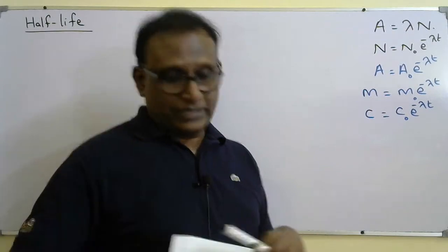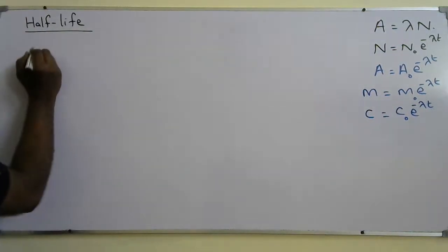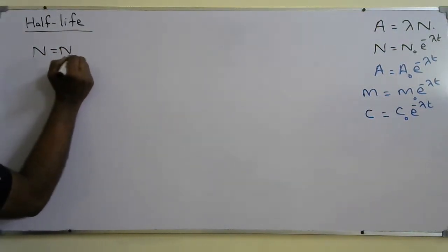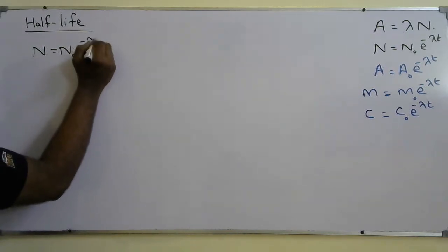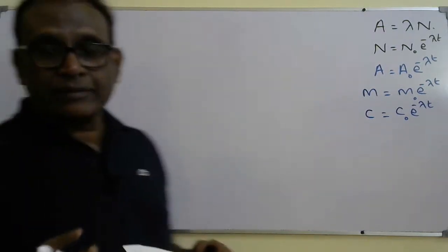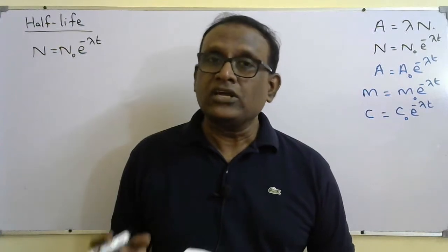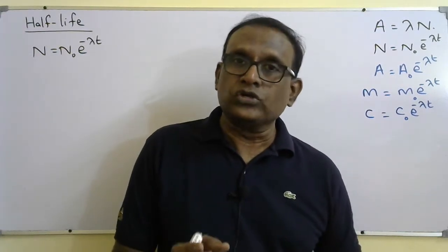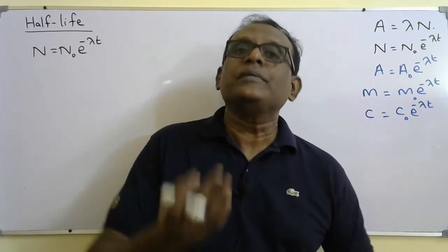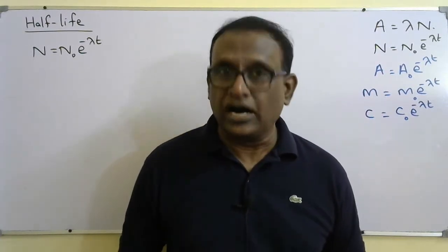Will it be the same? We'll see. Okay, so n equals n naught e to the power minus lambda t. The average time taken for the activity or the number of radioactive nuclei remaining in the sample to become half is called half-life.